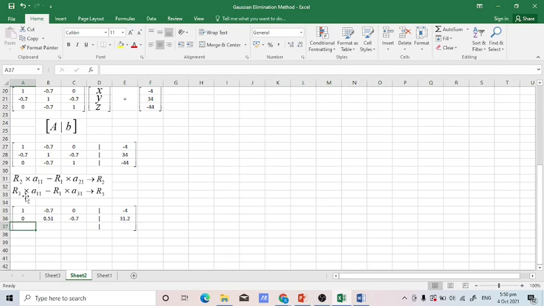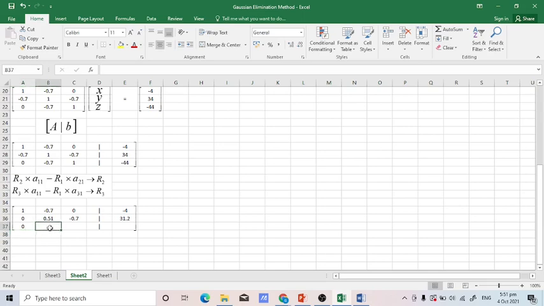And then dito naman, R3 first element, 0. So, equals times A11, minus R1 first element, 1 pa rin yun, di ba? R1 first element times A31, 0 yun. Enter. O, 0 pa rin, di ba?